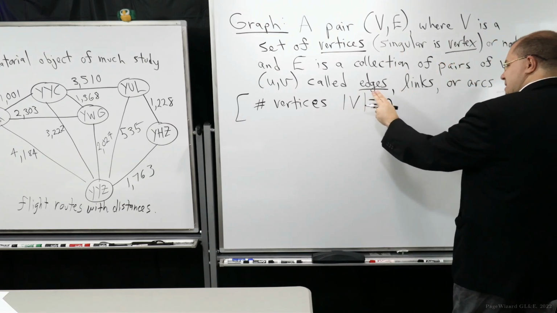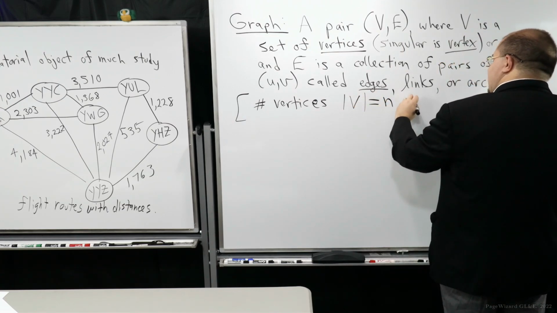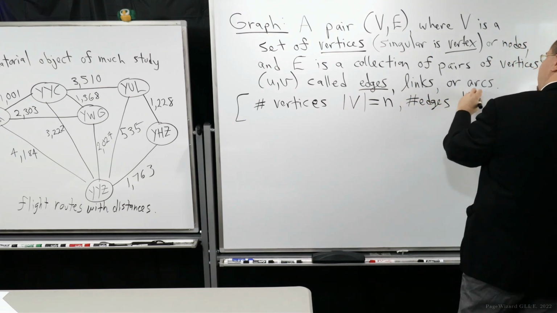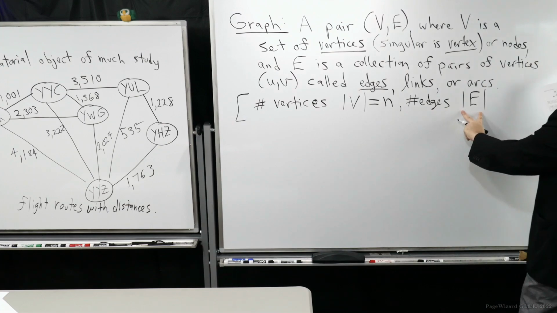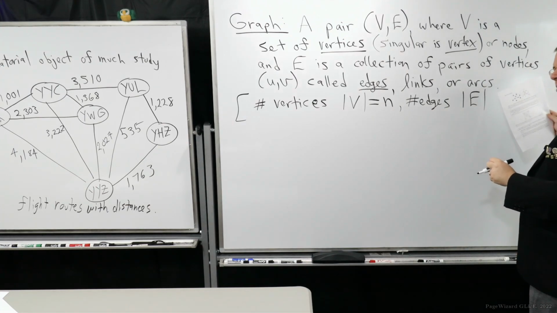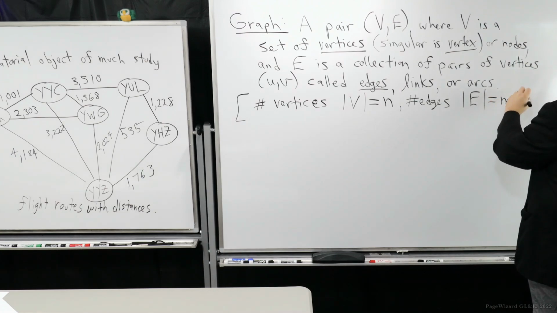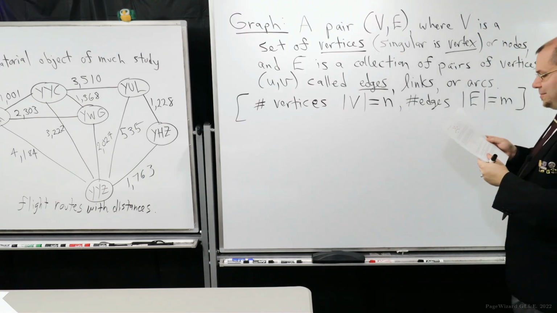So n is going to be the number of vertices, and the number of edges in the graph, which you can denote with the cardinality or the size of E, which is just the number of pairs there are, with m. So it's just the convention we're going to follow.